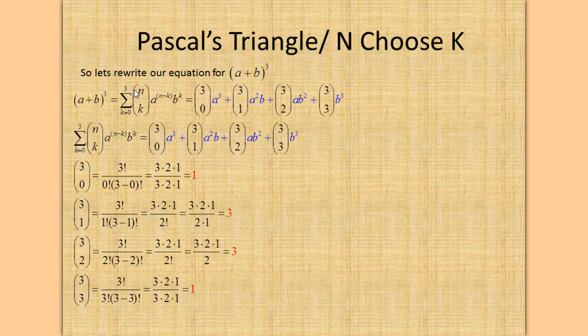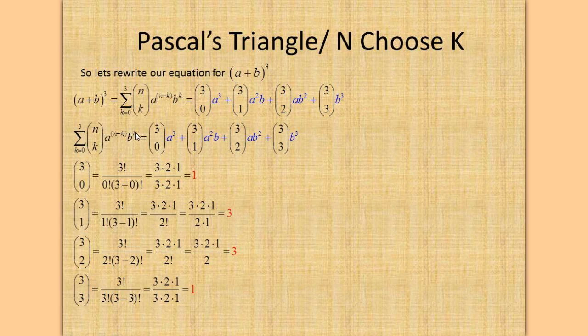Now we know to get our coefficients, we have to do n choose k from n equals 3, from k equals 0 to 3. k equals 0 for the first one, k equals 1 for the second one, k equals 2 for the third one, and k equals 3 for the fourth. 0, 1, 2, 3. That's 1, 2, 3, 4.